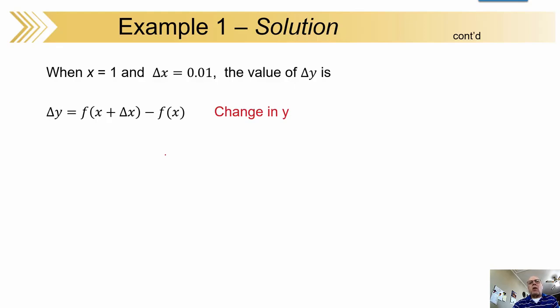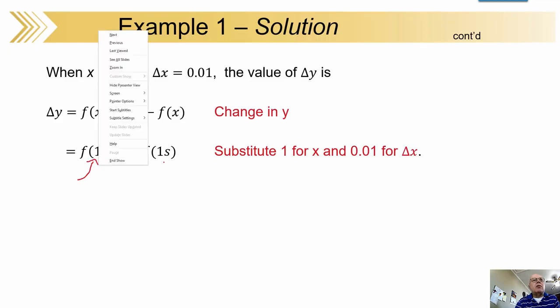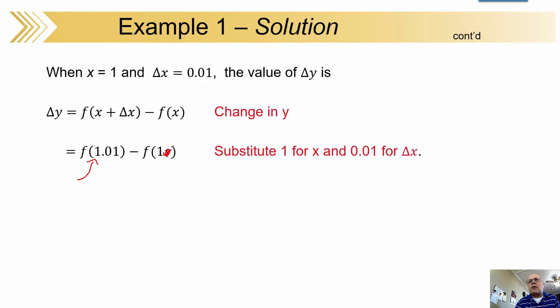To find the delta y itself, put the value of the second x coordinate in here. Oops. This is a typo, by the way. I need to get rid of this. Slide 15. Get rid of the S. Okay.